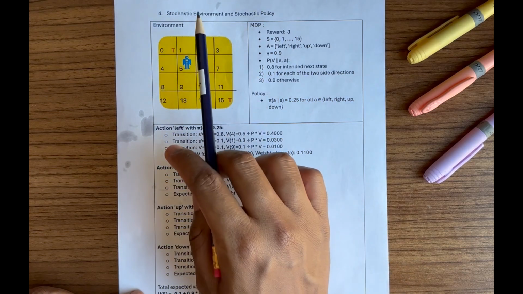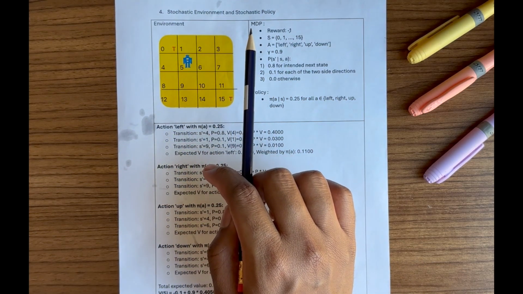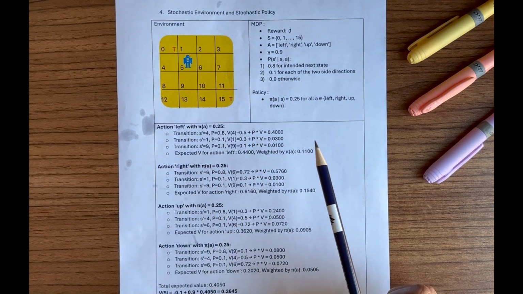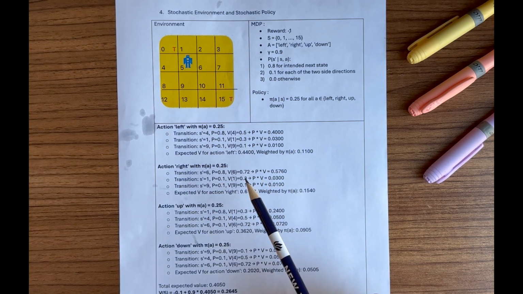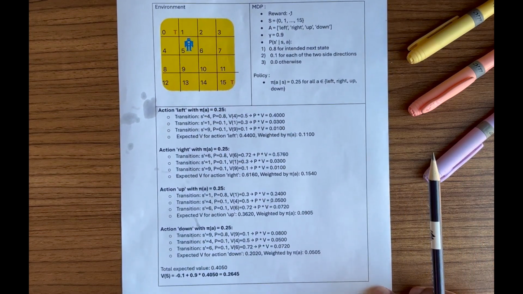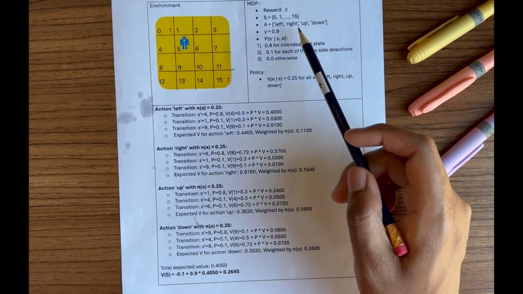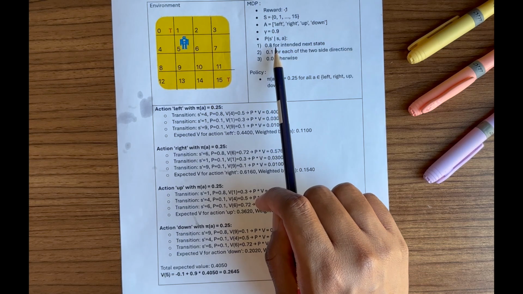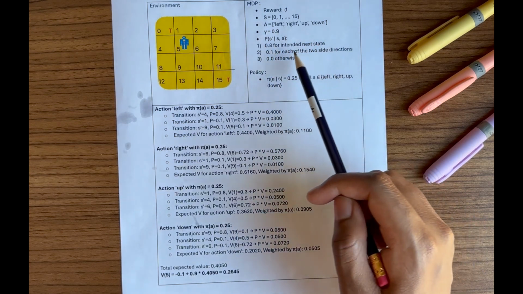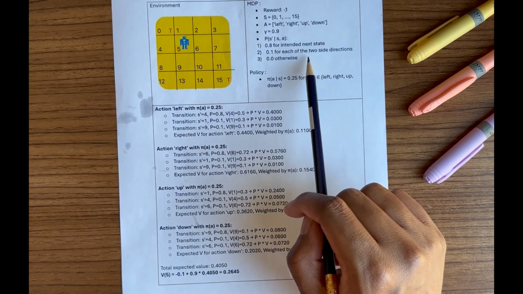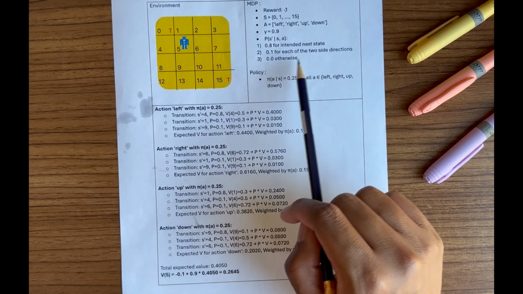All right, we have a stochastic environment and a stochastic policy. Now, this is like a double layer of uncertainty, right? So we have the same probability that we saw before, 0.8 for the intended state, 0.1 for the opposite of each of the two side directions, 0 otherwise.